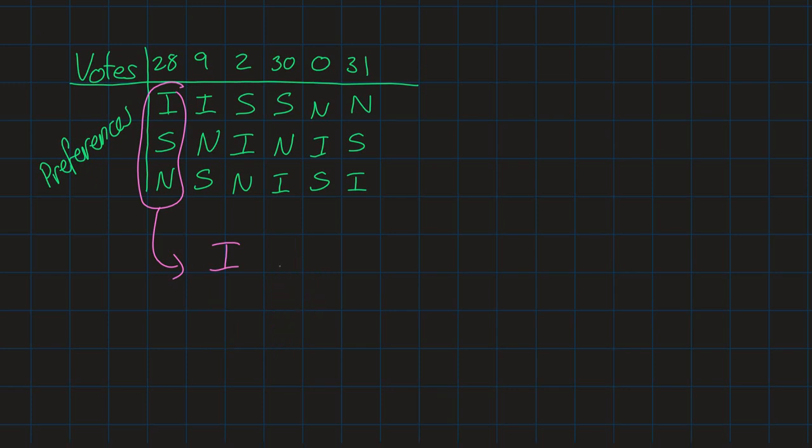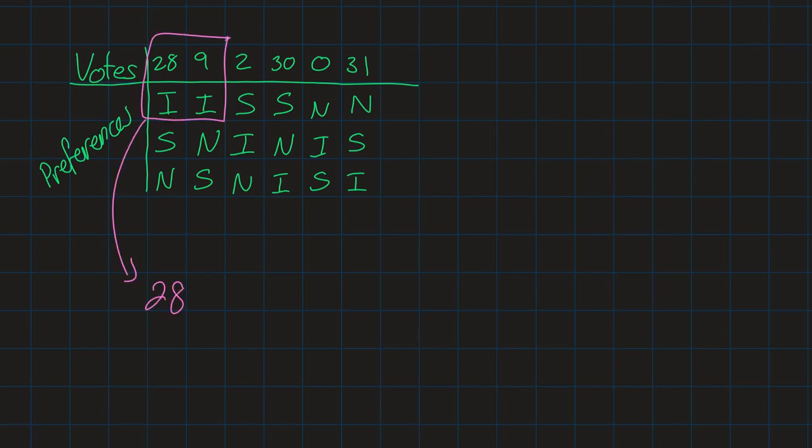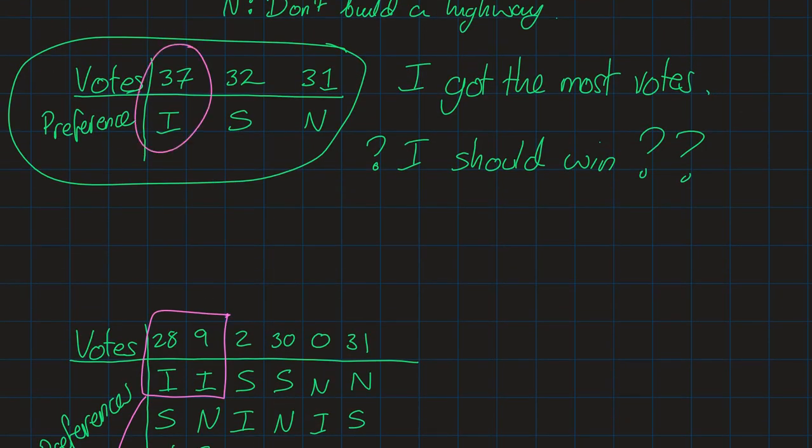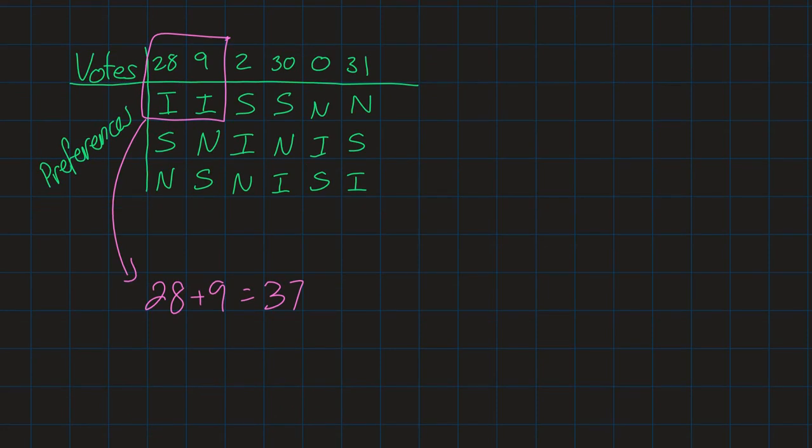You say the one on top is the most preferred, and then the middle one is the next most, and then the one beneath is the next most. Well, some things to note. You still have 28 plus 9, which is equal to 37 people who want I as their top choice, which is consistent because up here 37 people want I as their top choice. The only difference is now you have this extra information down here.